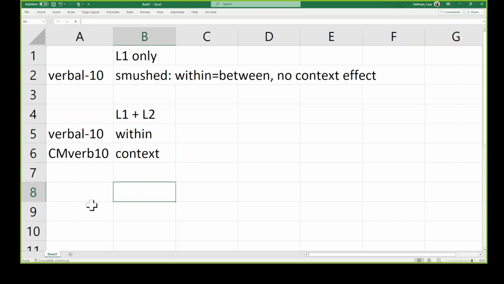So cluster mean equals contextual, if it's paired with the original level 1 predictor that still has the level 2 stuff in it. So it couldn't be like CM mixed grade and still be contextual. It would have to be CM verbal.